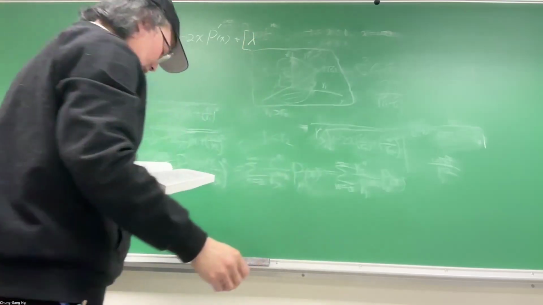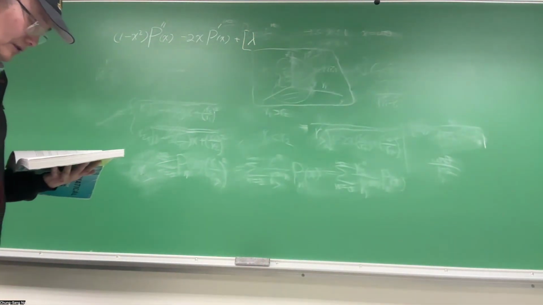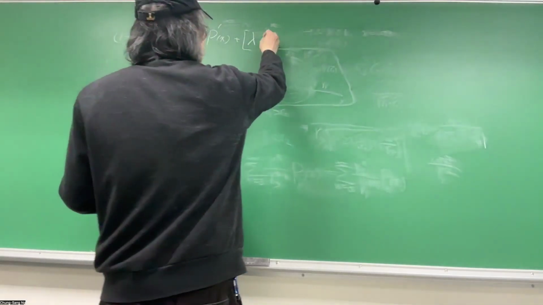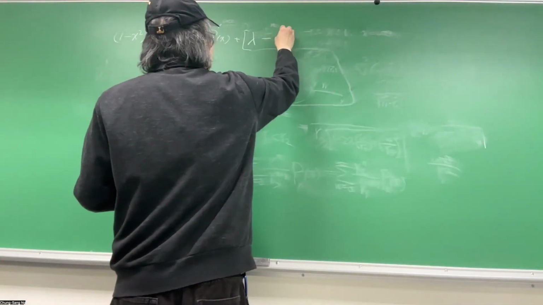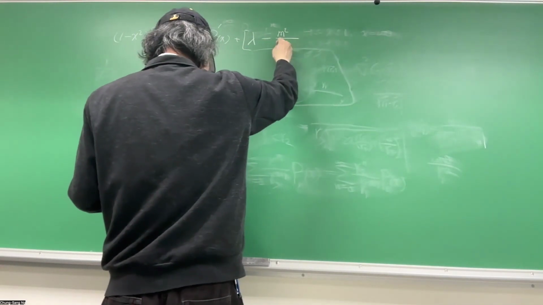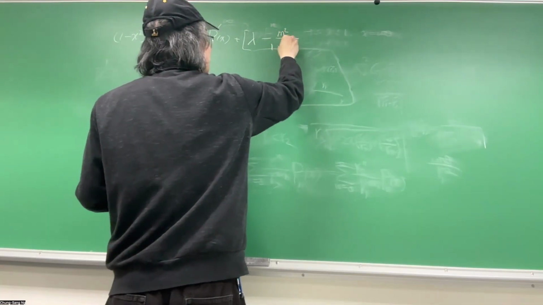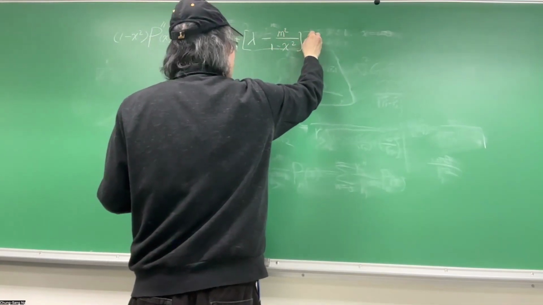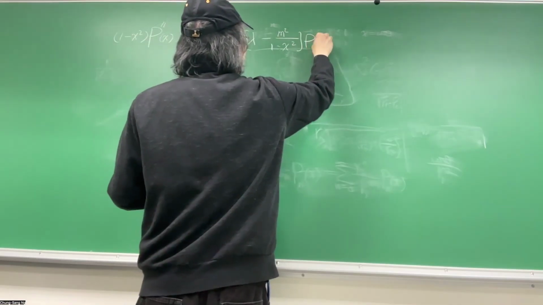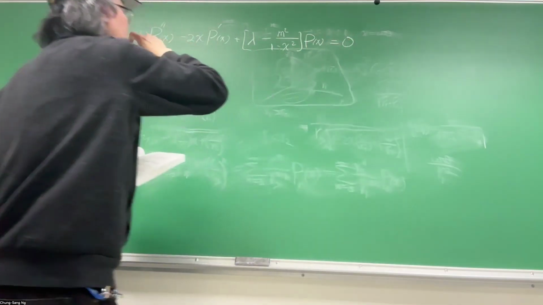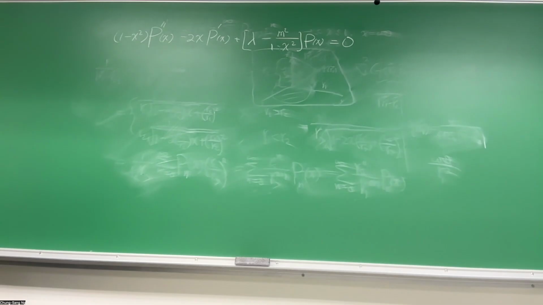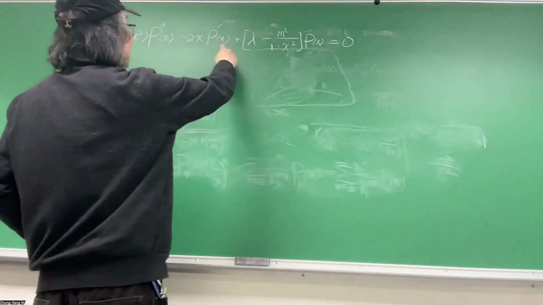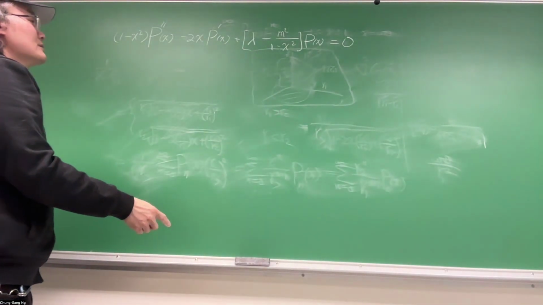In general, you put this general eigenvalue here, and m squared. The extra term is this m squared times P of x. So when m is 0, we get back to the Legendre equation.